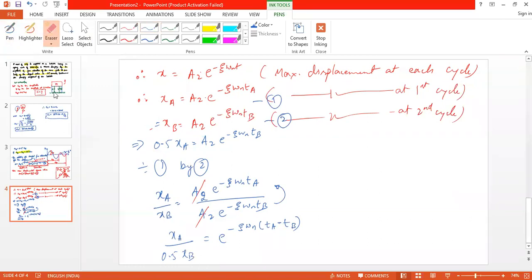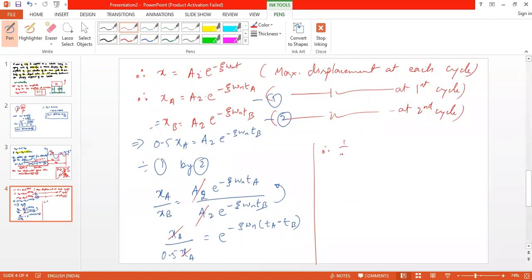Here this is 0.5 times XA, so XA will get cancelled. So 1 by 0.5 is 2. Therefore 2 is equal to e power minus zeta omega n, tA minus tB.